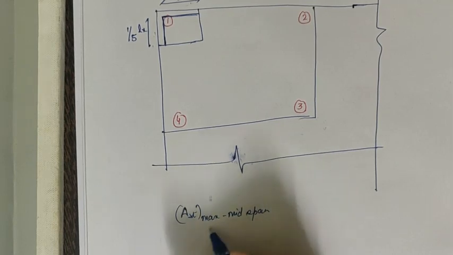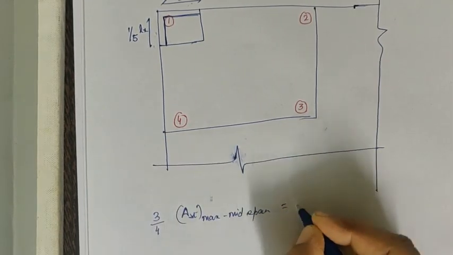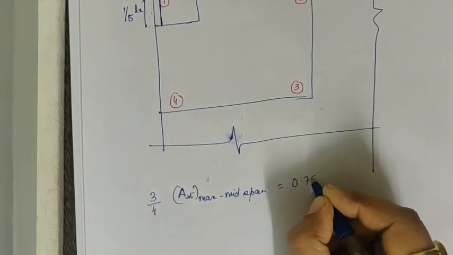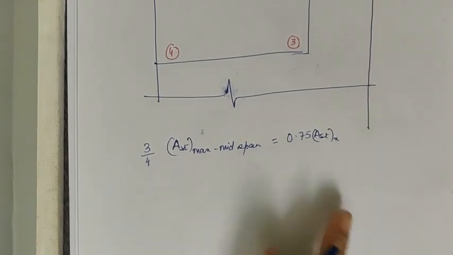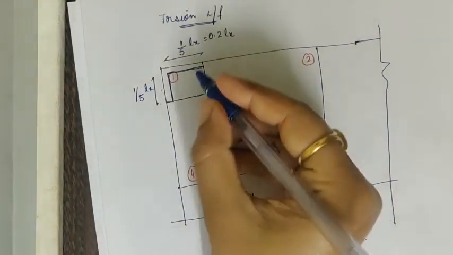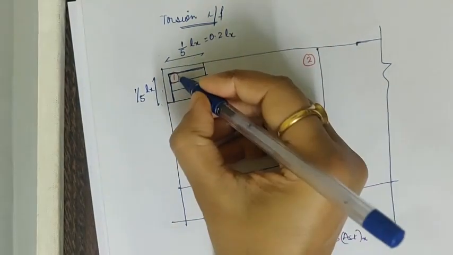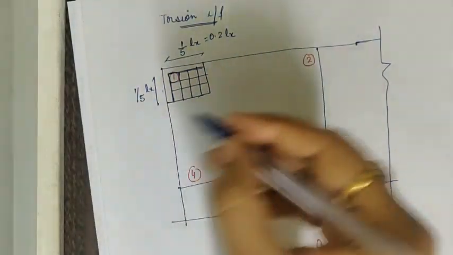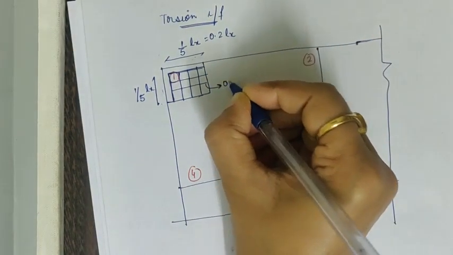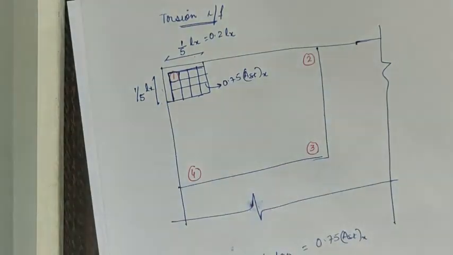Whatever is the value of ASTX, 3/4 of that value, that means 0.75 times ASTX, whatever will be the reinforcement, we will provide it in this particular direction. Same we will be providing in this direction. So in both the directions we will be providing the reinforcement 0.75 times ASTX.